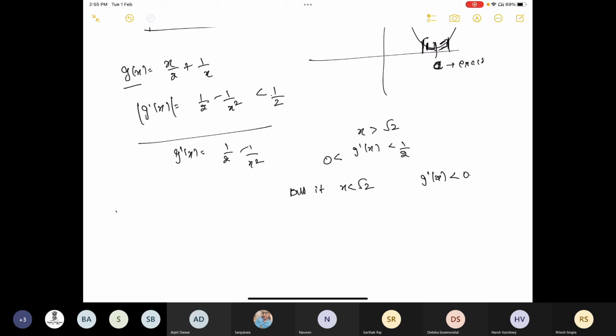Does question number 7 make sense to everyone now? Is question number 7 making sense?